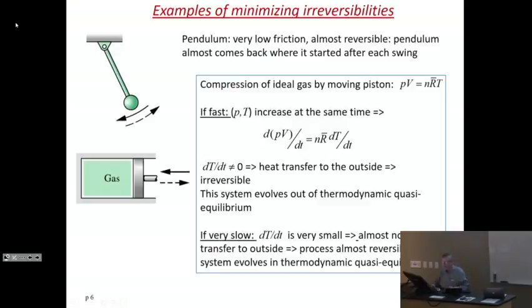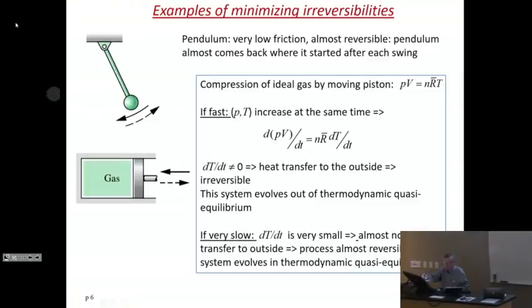So now let's take a series of examples of things where we minimize the irreversibilities. The most intuitive example is the pendulum, where I can minimize the friction of this hinge, minimize the friction of air, take the pendulum up on one side, let it go.